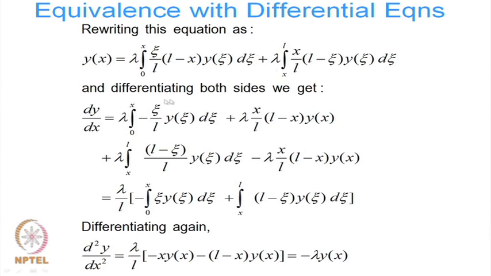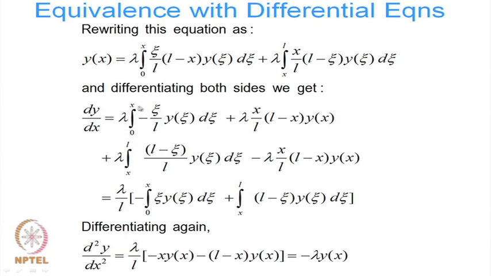So differentiating both sides, I have dy dx is equal to lambda times the integral from 0 to x of minus xi by L, and so on. In order to take the derivative of this, I have to account for the fact that the limits are not constants, right? The first term will be just the plain derivative of xi by L, L minus x, which gives me minus xi by L, y xi d xi.